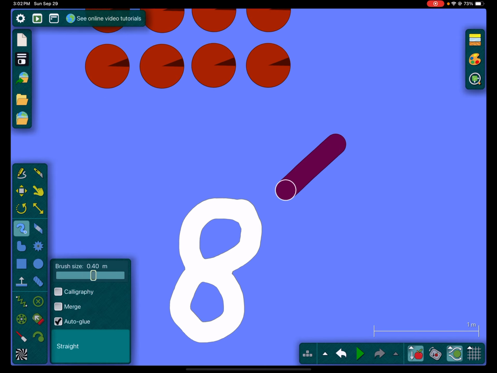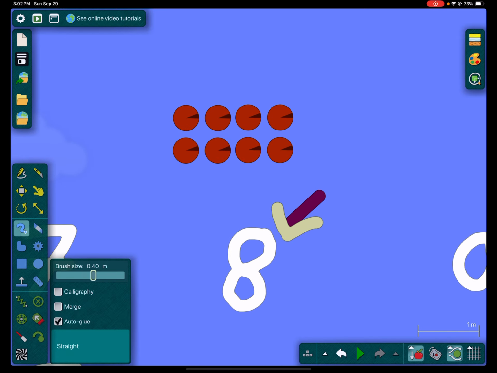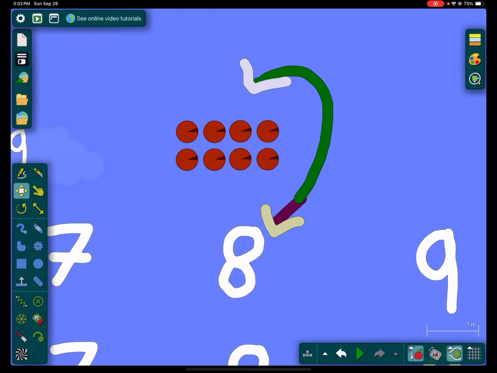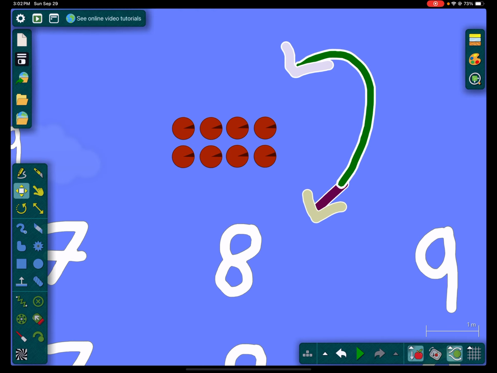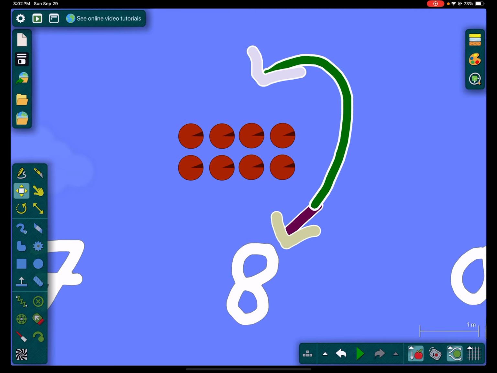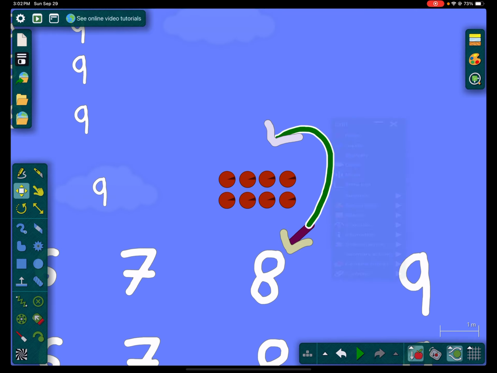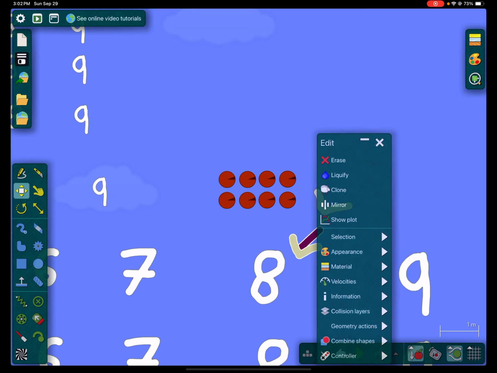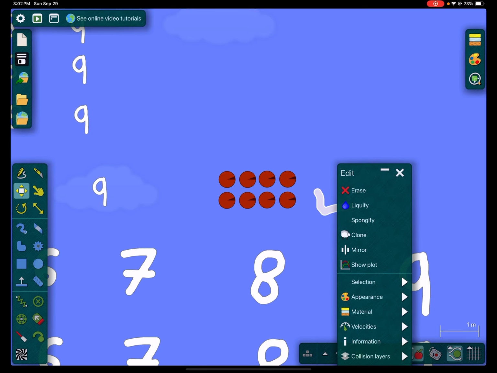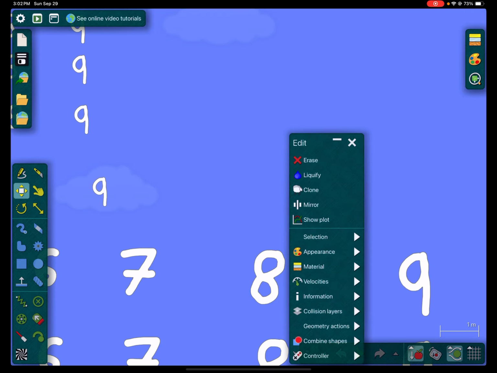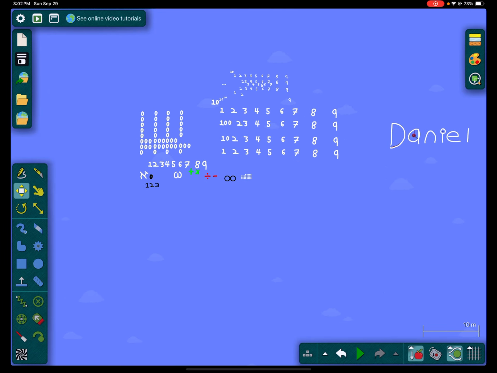Now, 8 is the cardinality of the set of these dots. So you could figure this way that 8 is the cardinality of these dots. But these numbers are pretty much finite.